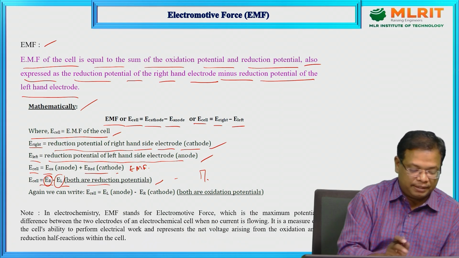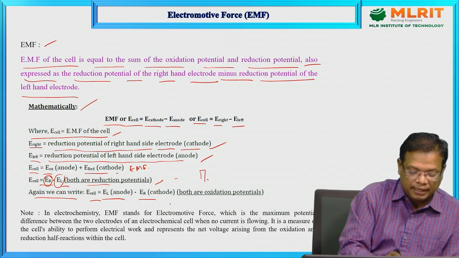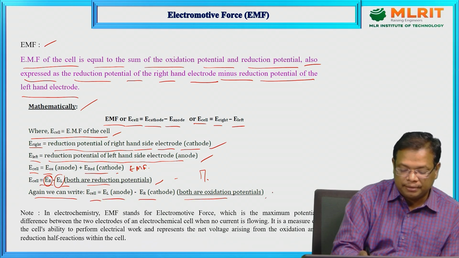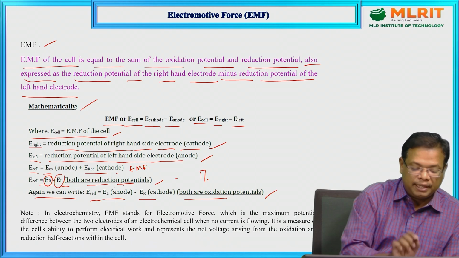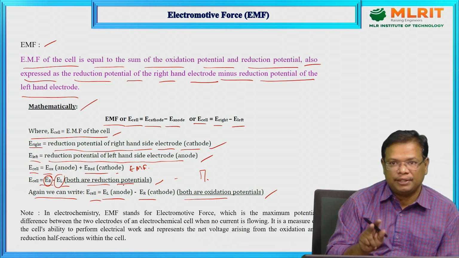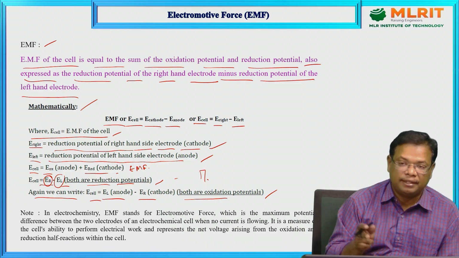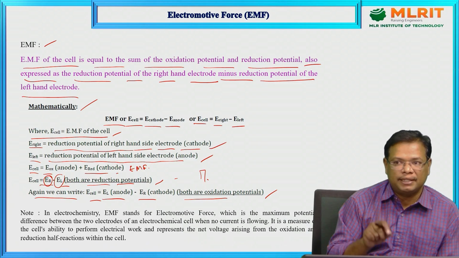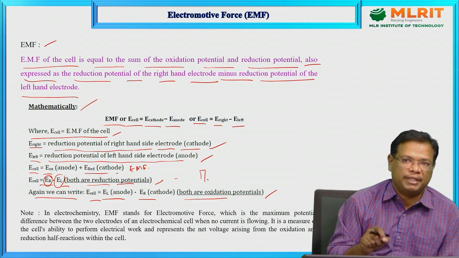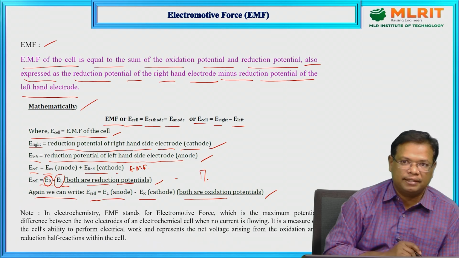Again we can write E cell equals E left minus E right, where both are oxidation potentials. Here we are considering both as reduction potentials. Two electrodes have two different properties: both have an oxidation process and also a reduction property. So we also have to consider the lowest reduction property. If you don't consider that, we cannot understand these equations.